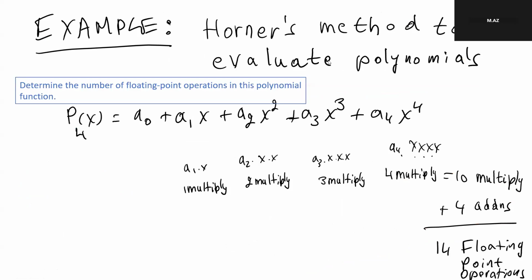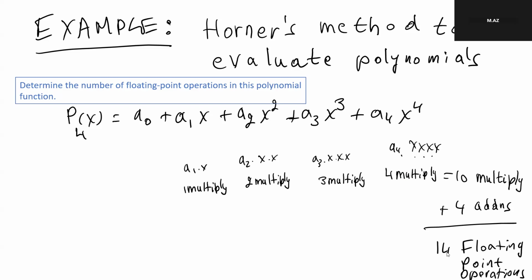Horner's method is one method that we can use to evaluate polynomial functions. When we apply Horner's method, we can reduce the floating point operations in the polynomial function. For example, look at this polynomial function. If I want to count the total floating point operations, as you can see, we have 10 multiply operations and 4 adding operations between each part.